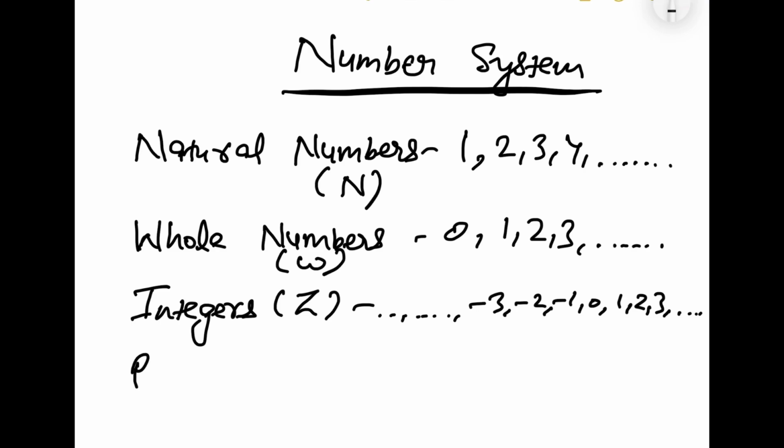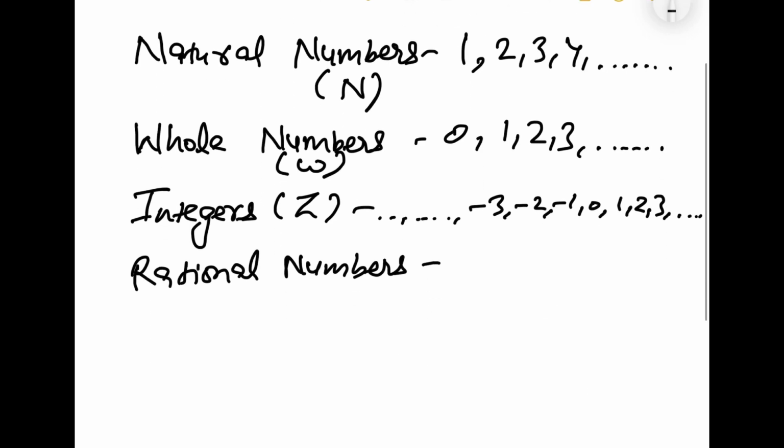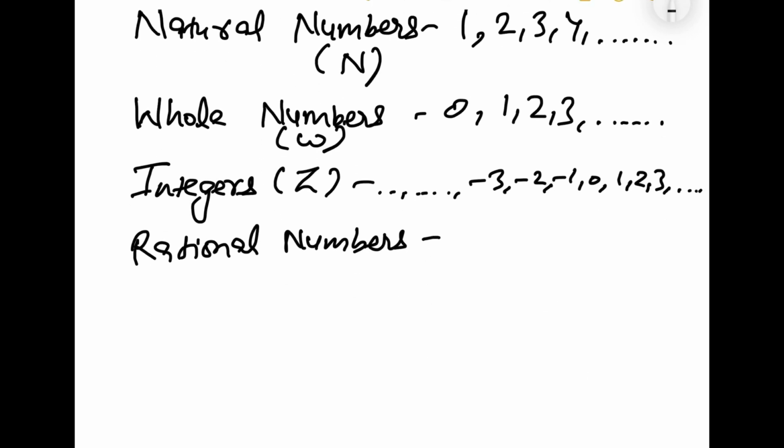Then comes rational numbers. They are denoted by Q. Okay. The word rational comes from ratio. What is a ratio?